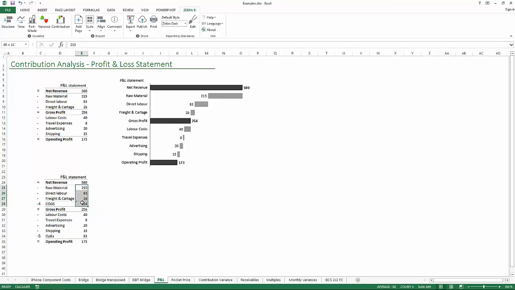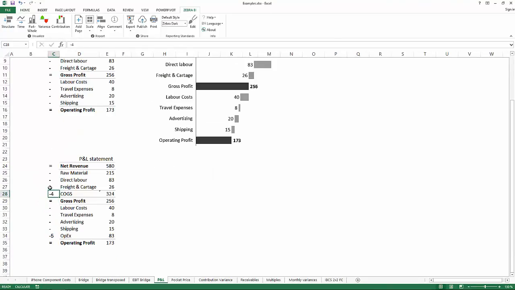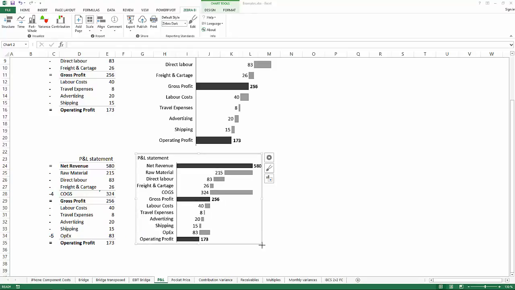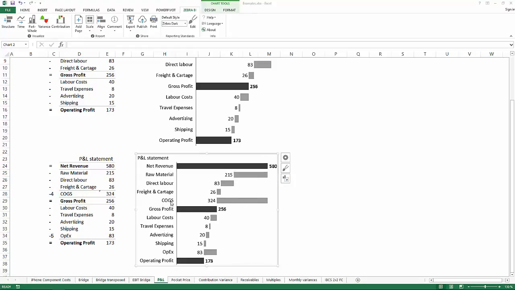This is the sum now, but here you specify, let me enlarge this, that this is a subtotal. Okay, let's just insert the chart, and you see now these are my costs of goods sold. So this is raw material plus direct labor plus freight and so on.